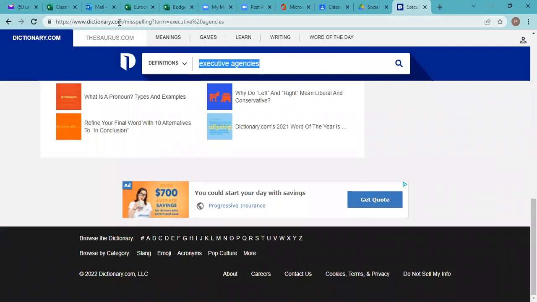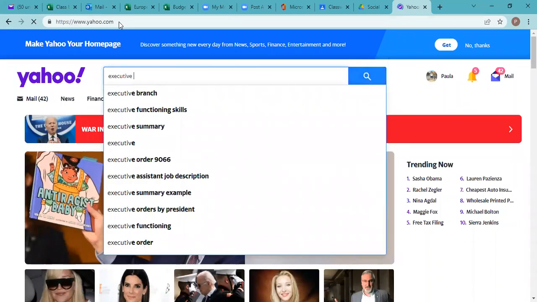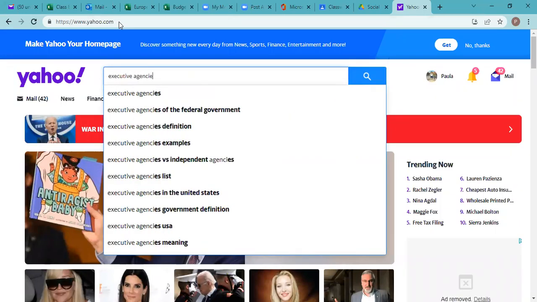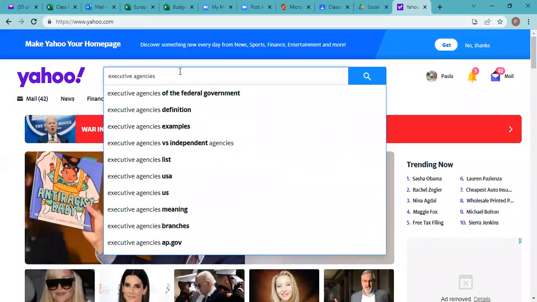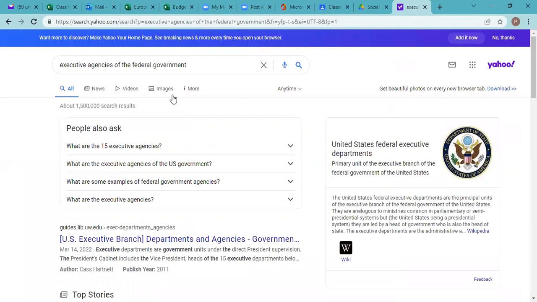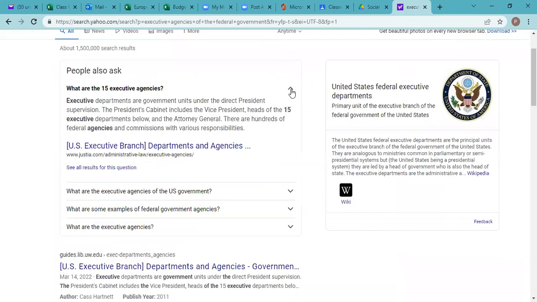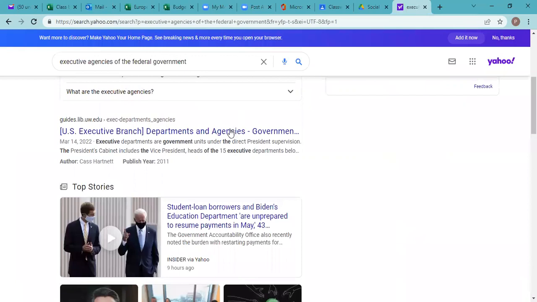So I'm going to go to Yahoo and I'll type in executive agencies of the federal government. There we go. And let's see, here's a pull down list. Might give us a little indication. And here we go.